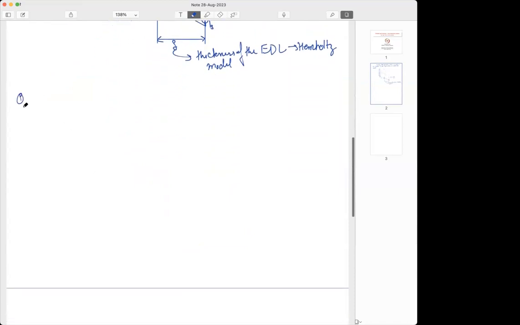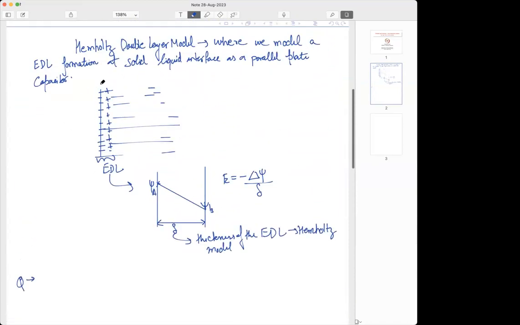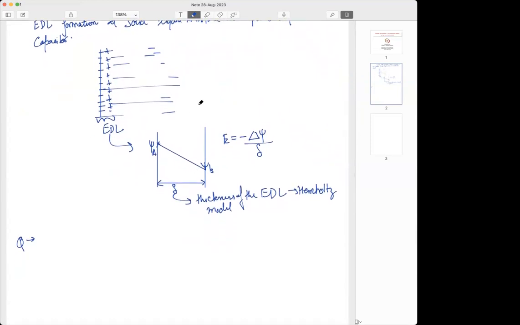Sir, will the formula be equal to minus delta phi by delta? Will it be minus? How can you write delta phi? That is phi B minus phi A. Yes, sir.